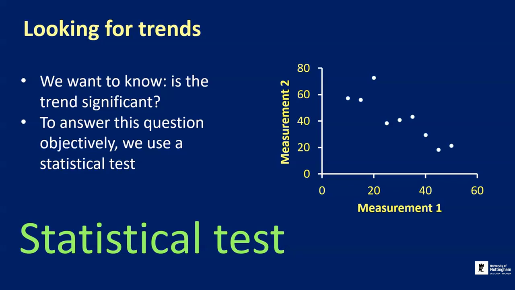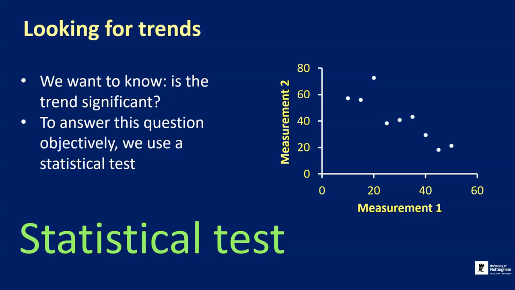So plotting a scatter plot, as I've done here, is very useful in helping us to visualize the data, but it doesn't necessarily tell us whether we've got a real relationship or whether what we're looking at could just be the product of a chance event. So if you think about those dots on that graph, the question is really how likely are those dots to have arisen if we kind of threw darts at random at the screen so that the dots were put down in a random pattern.